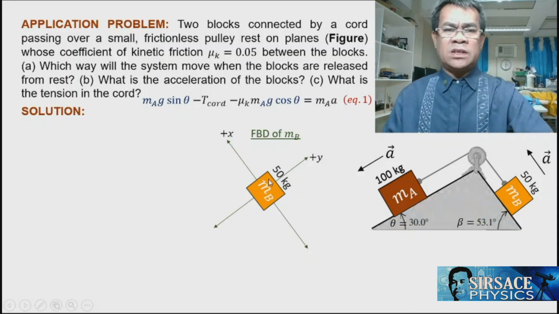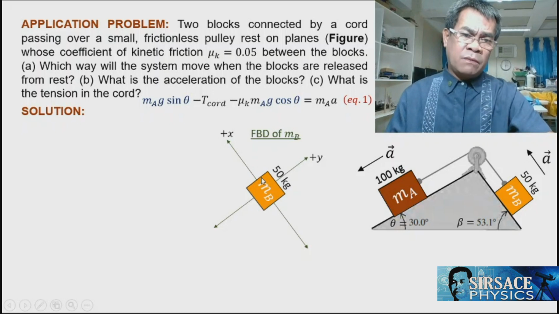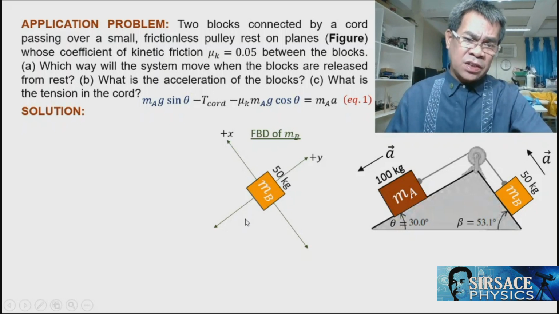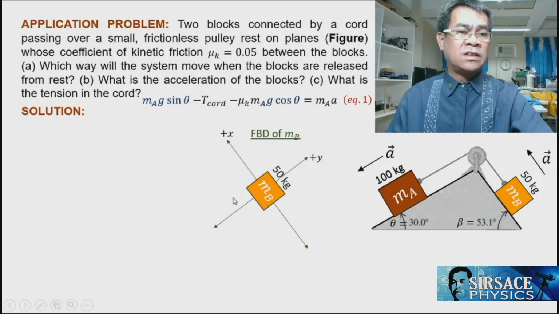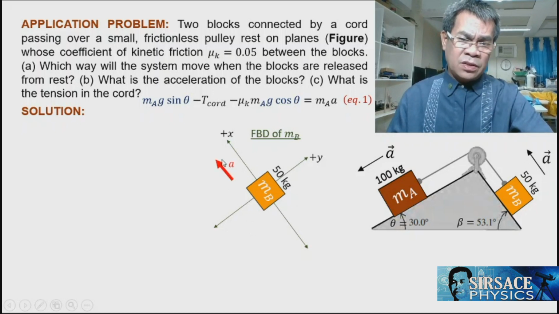Why is it that we assign x? Again, the purpose of having x here is to ensure that the acceleration is moving along that axis. So we assign that as the x-axis. The purpose of having this axis is to ensure that all acceleration is along the x-axis.